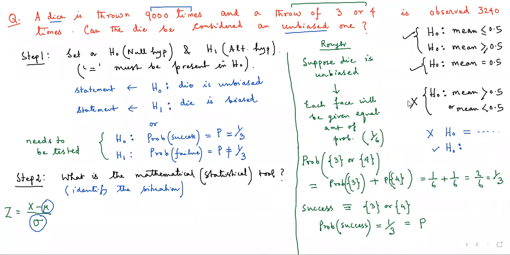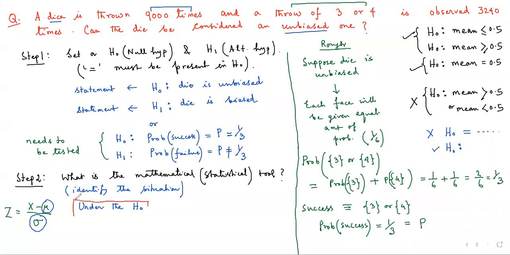So the formula that we'll be using over here is as follows. In step number 2, we'll write: under the null hypothesis. This statement is very important, so I'm red marking it.